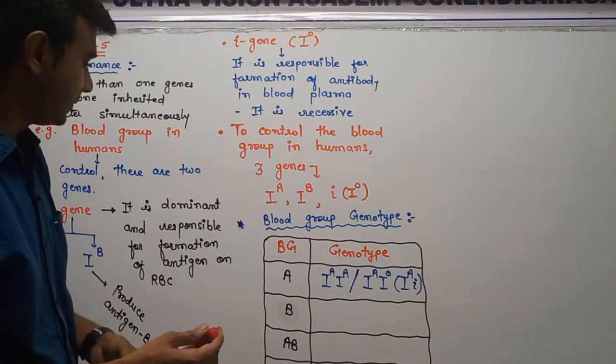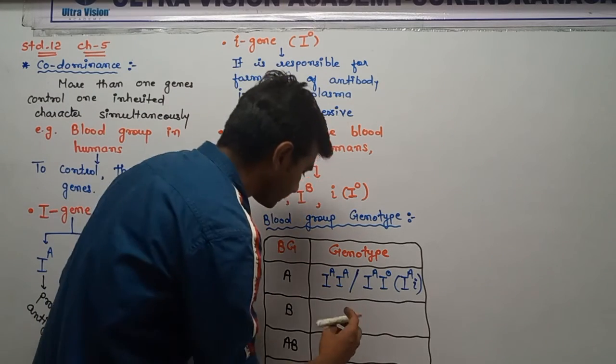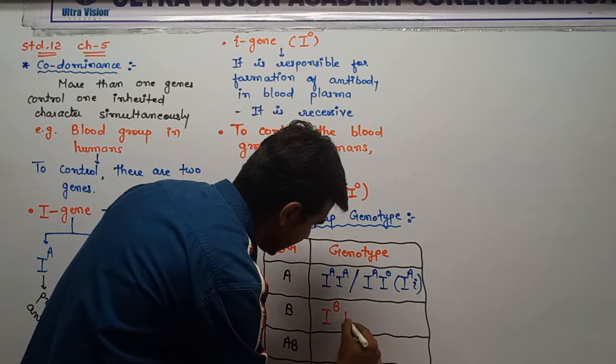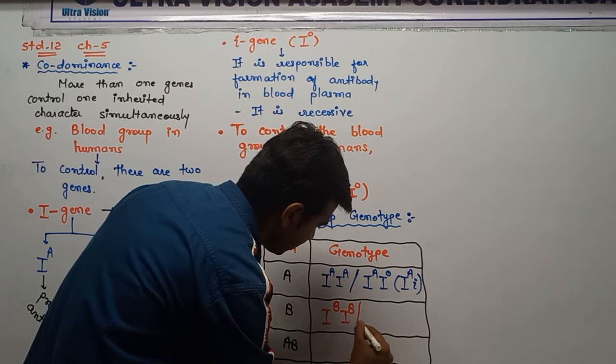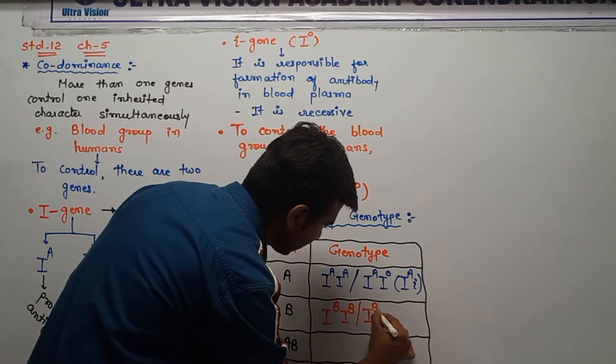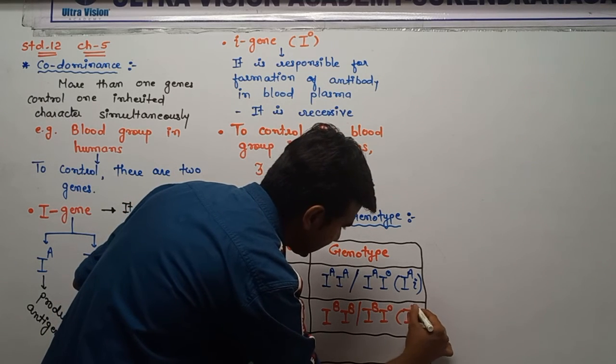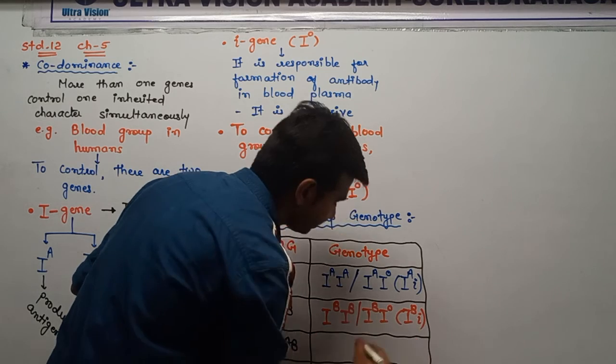Then B blood group: IB or I0, similar to it, IB small i.